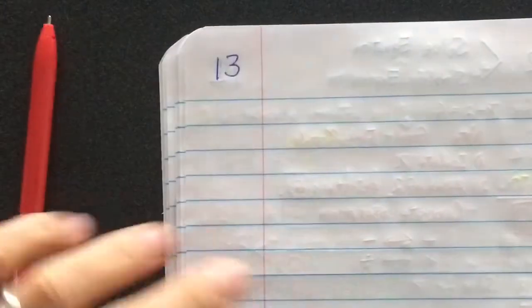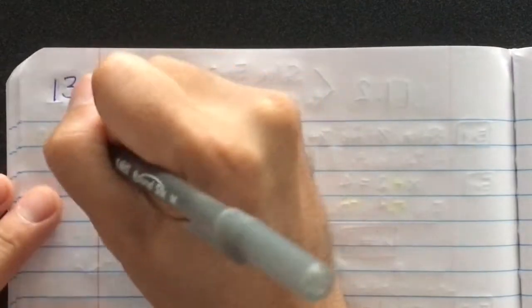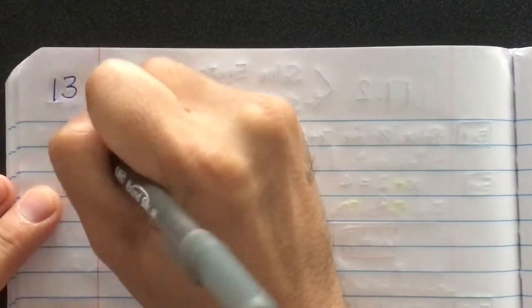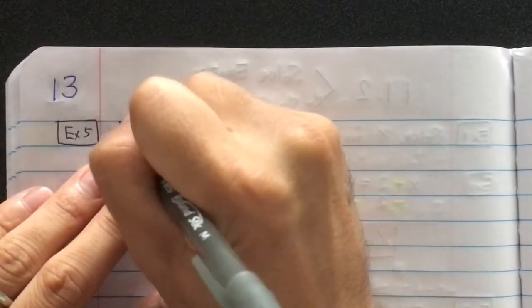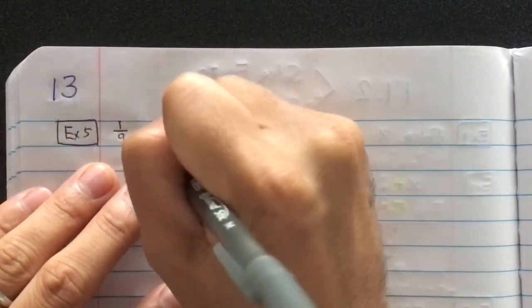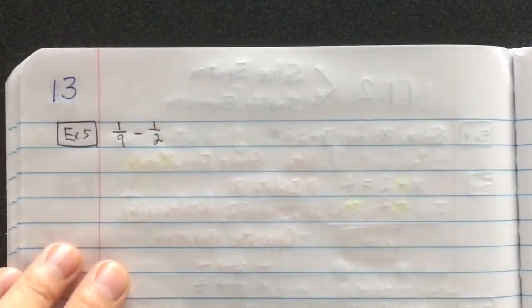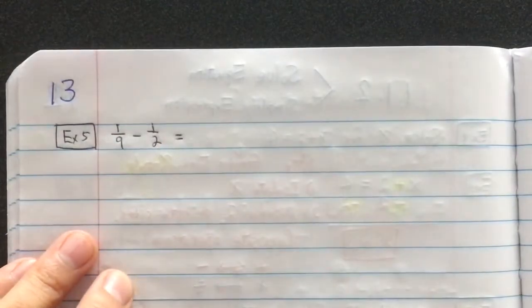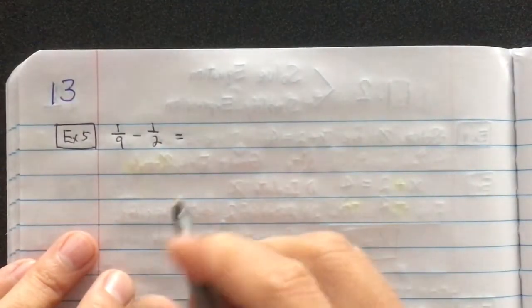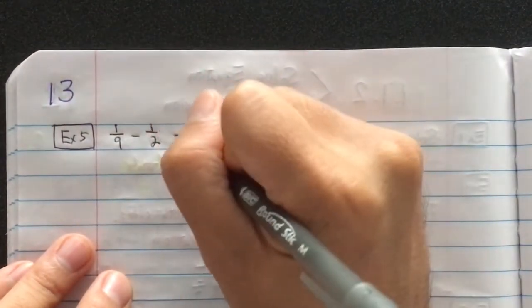Now we will do question 5. 1 over 9 minus 1 over 2. So ladies and gentlemen, again, we must have the same denominator. So we do the exact same thing as example 4.